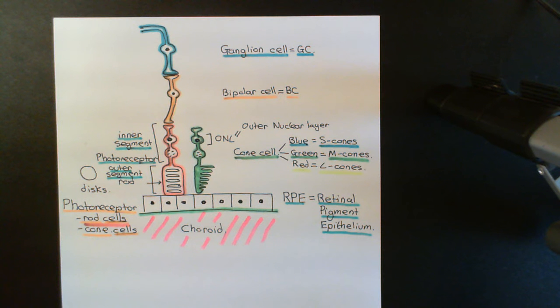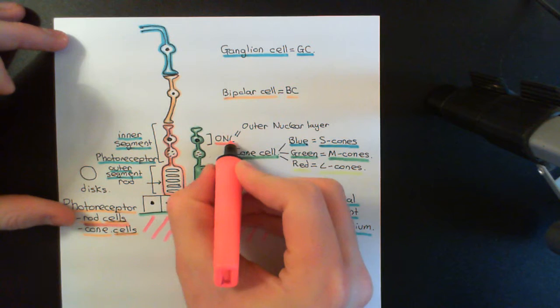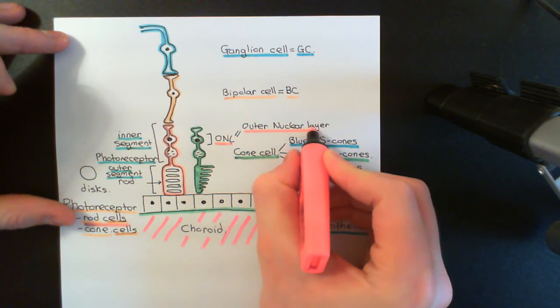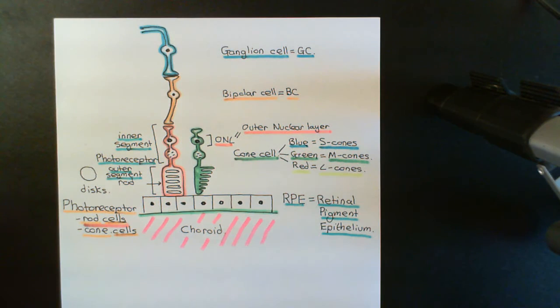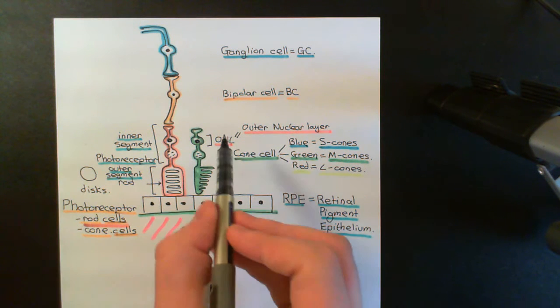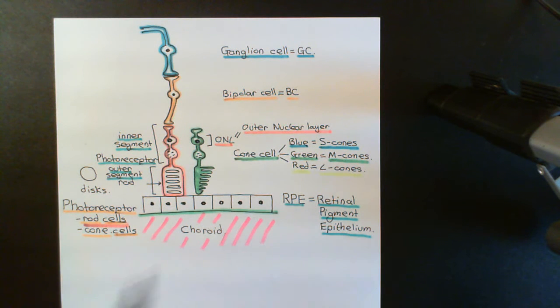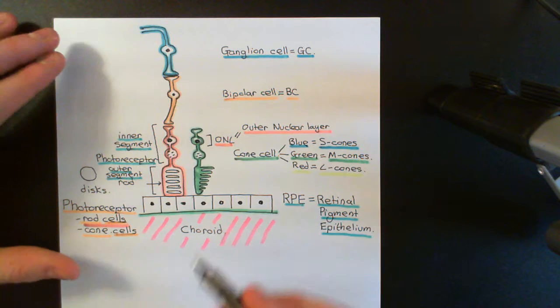If you actually get the chance to look at a histological slide of the retina, it becomes much more obvious why people created these terms, because these are quite obvious layers of the histology of the retina. So this is the outer nuclear layer then, this layer where all the cell bodies with the nuclei are for the photoreceptors. And because it's towards the outside of the retina, that's why it's called the outer nuclear layer.